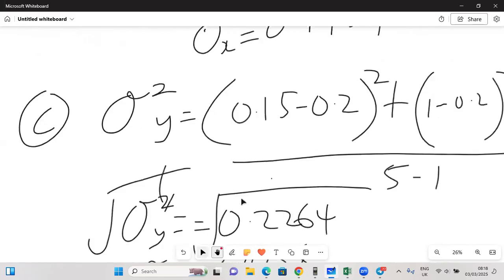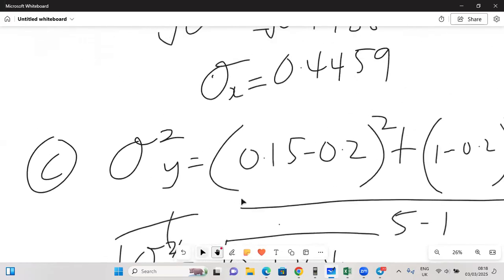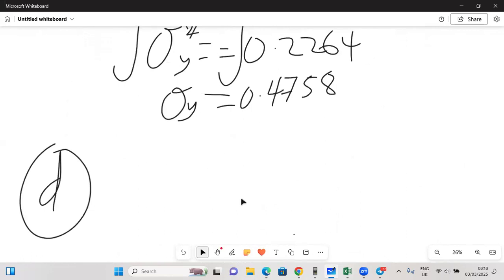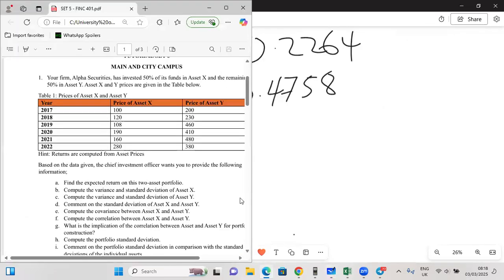So this tells us that asset X is less risky than asset Y. You get it? Asset X is less risky than asset Y because asset X has a lesser standard deviation, or risk, as compared to asset Y. So that's going to be our comment here.